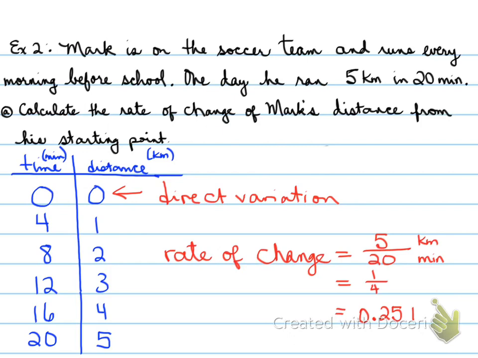Or, better yet, understanding that it's how many kilometers per minute that he runs, he runs 0.25 kilometers per minute in order to run his 20 minutes for 5 kilometers. So again, we take kilometers per minute, and this is the rate of change that we're trying to calculate. And we find out that 5 kilometers in 20 minutes means that he will run 0.25 kilometers per minute.